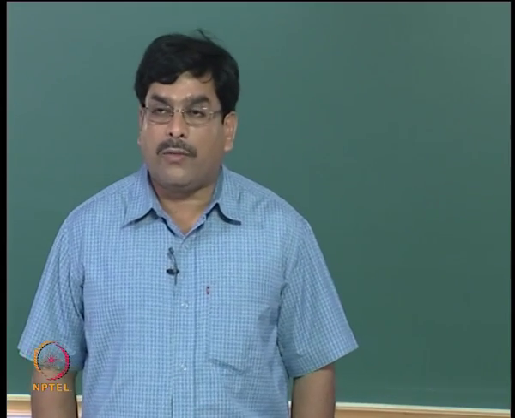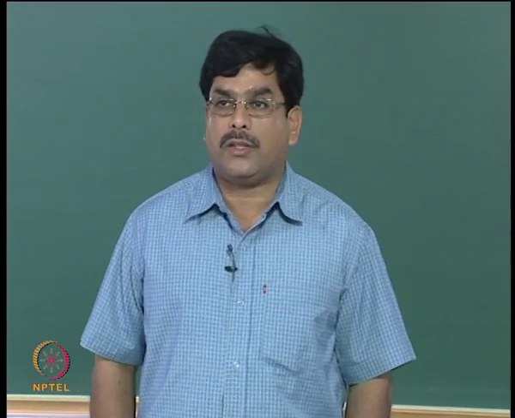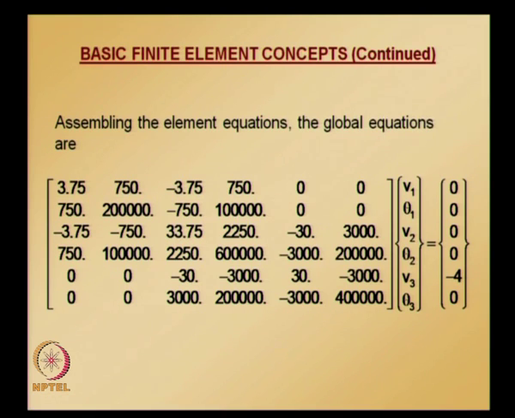Here, whatever element equations we derived, the element 1 contribution went into rows and columns 1, 2, 3, 4, and the element 2 contribution went into rows and columns 3, 4, 5, 6.